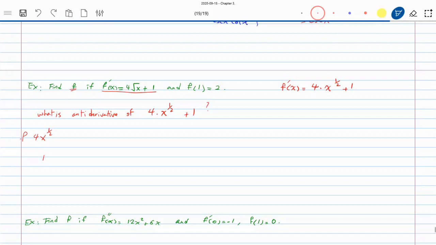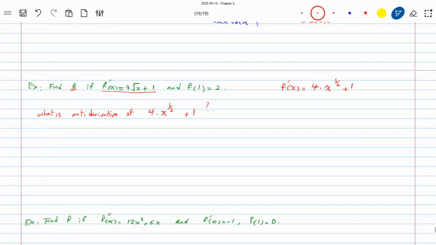So let me stick with this notation. I don't want to introduce new notations so you get confused. Here, what is the antiderivative of 4x to the power 1/2? Ignore the 4. What would be the antiderivative of x to the power 1/2? As I mentioned above, you add 1 to the exponent, so 1/2 plus 1, which is simply 3/2, and divide by the same exponent, 3/2.